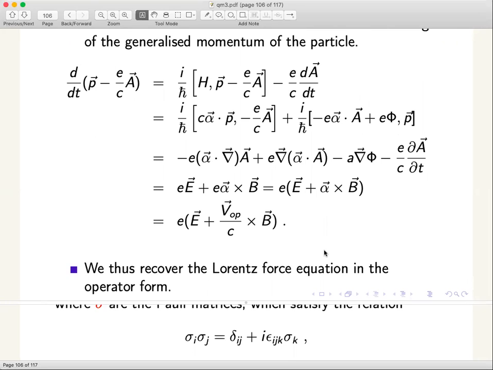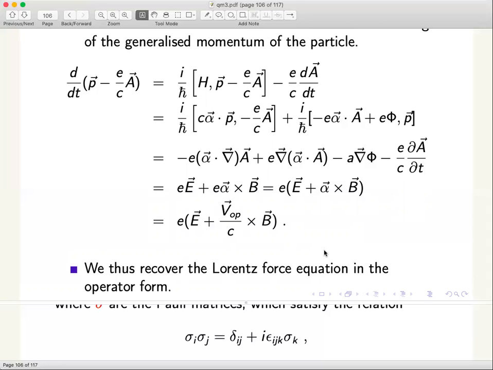We can't particularly use this anywhere, right? Use this means, like, solve it for something? It's an instructive way of saying that the derivative of p minus e by c A comes out to be this. But the thing is that these are measurable quantities, no? Everything is measurable here.